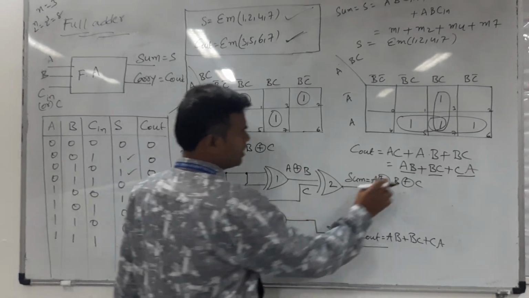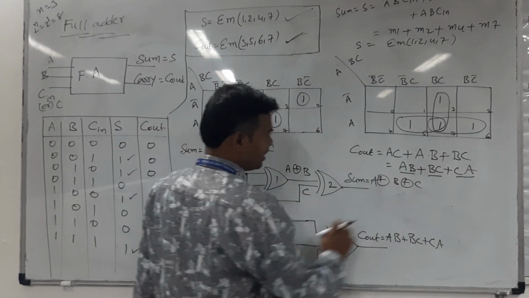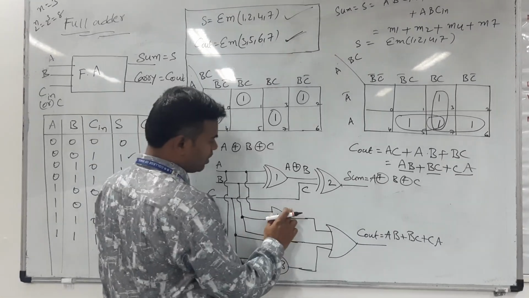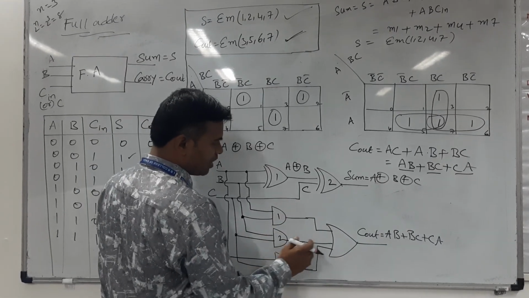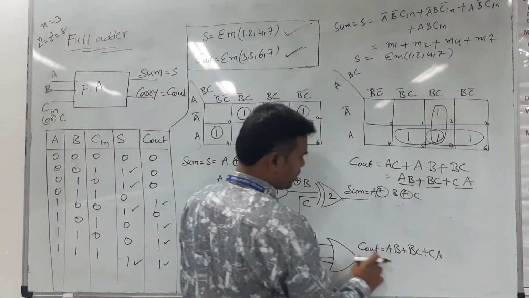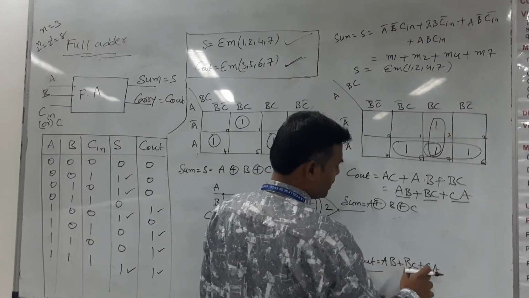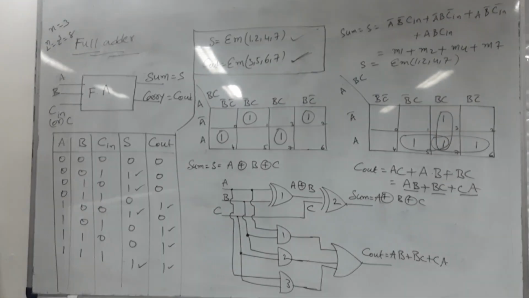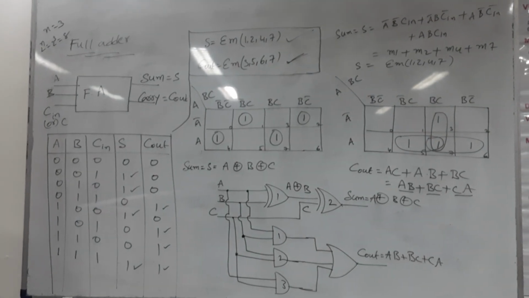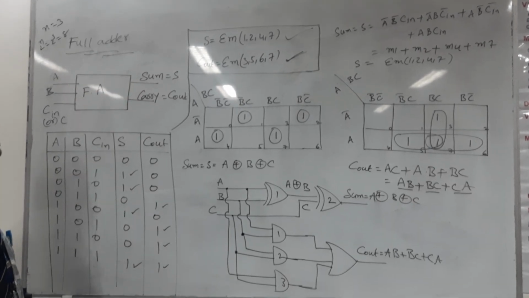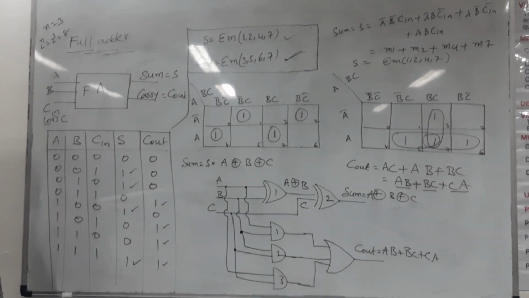For the first AND gate the inputs are A and B, for the second AND gate the inputs are B and C, and for the third AND gate the inputs are C and A. All the outputs of the 3 AND gates are given to the input of the OR gate, and therefore the OR gate output is AB plus BC plus CA. So this is the way to realize the logic diagram for the 2 Boolean expressions of sum and carry. This is the complete design procedure for the full adder. Thank you.